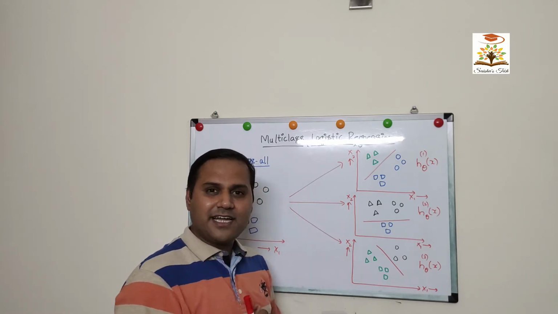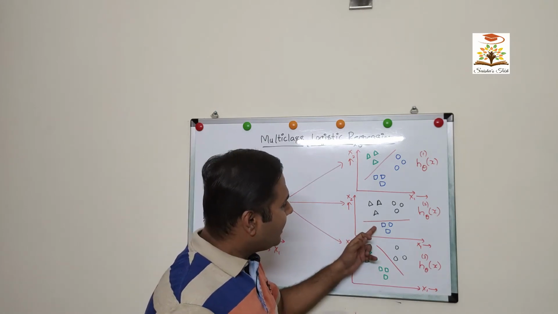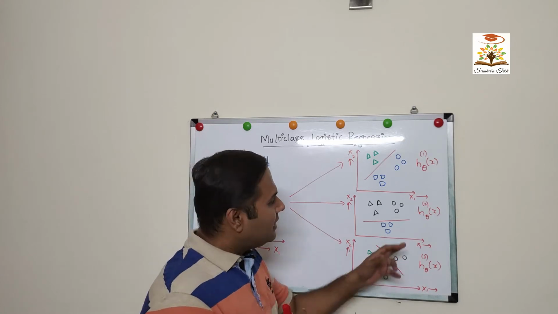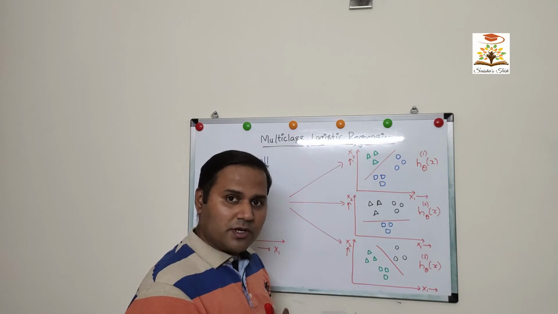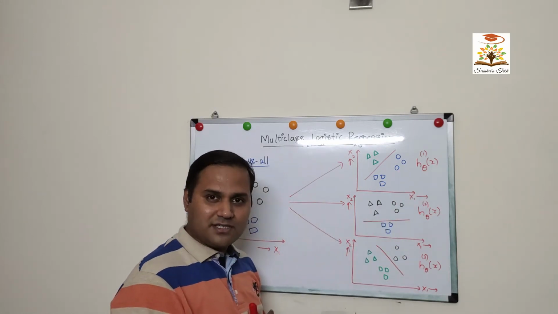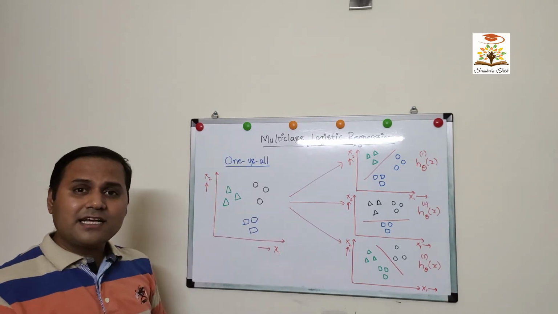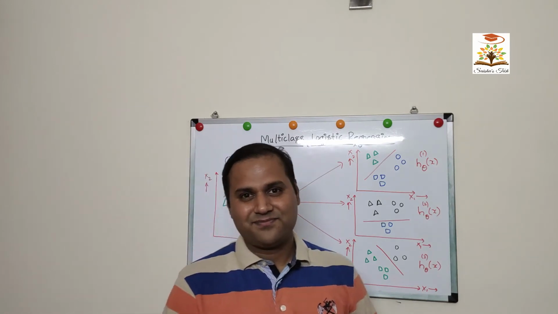Then we can understand the new data which we have received is having a target attribute as square. Why? Because the probability of hypothesis 2 output is greater than the other two hypothesis output. This is how a multi-class classification of logistic regression concept work.